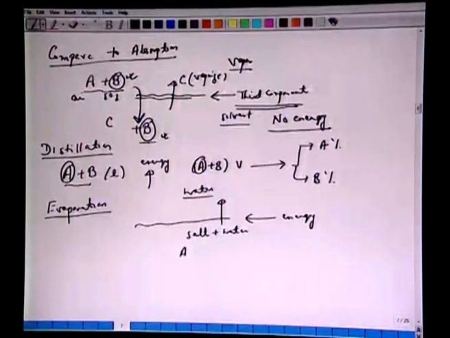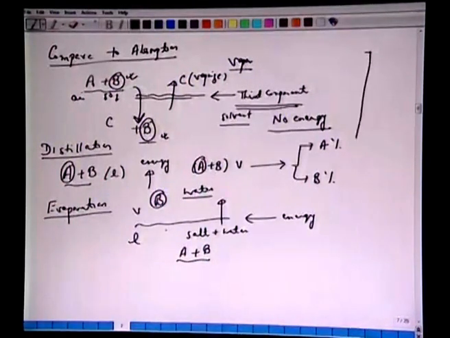So, we have A plus B, but only B gets transferred from the liquid phase to the vapor phase. So, you should be able to see a qualitative difference between absorption, distillation, and evaporation as different unit operations to achieve this purity. In all 3 cases, we have separations. We want to separate A from B, but the method is different.